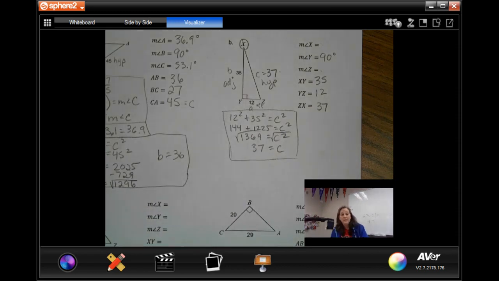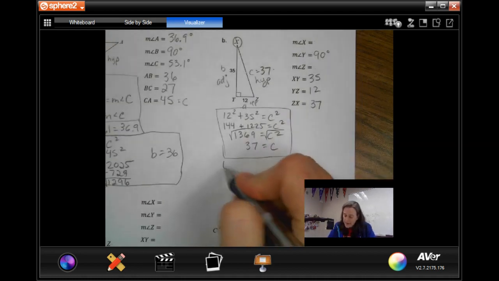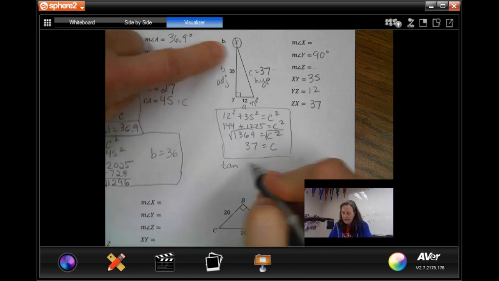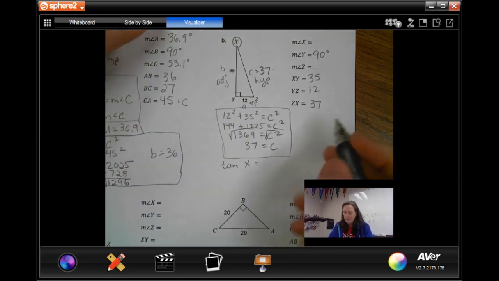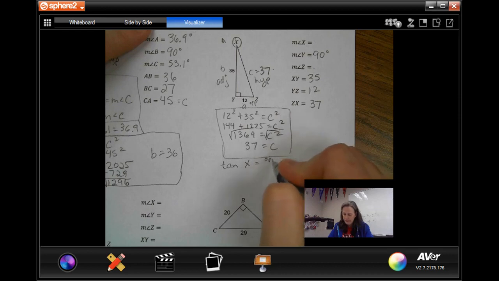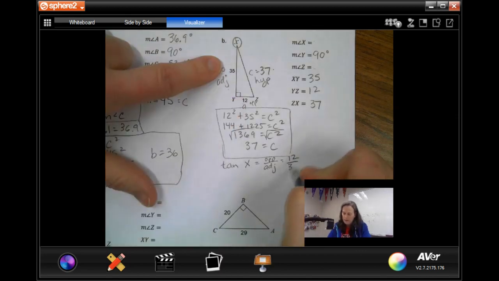We've got all three pieces. What have we not done in a while? How about a tangent? You want to try a tangent? Okay, so I'm going to say the tangent of X is, now it would be opposite over adjacent. And we know that opposite is 12. Adjacent is 35.